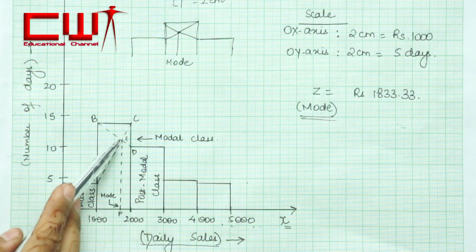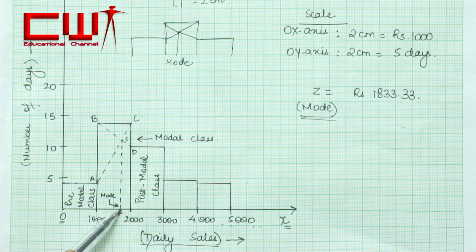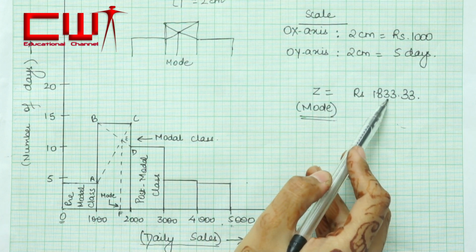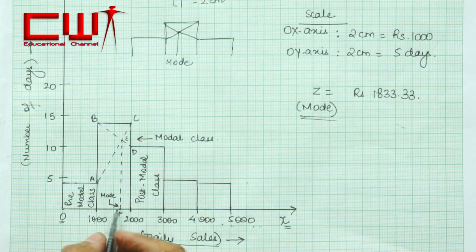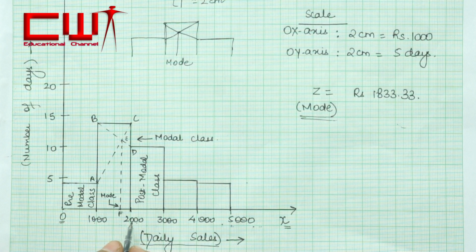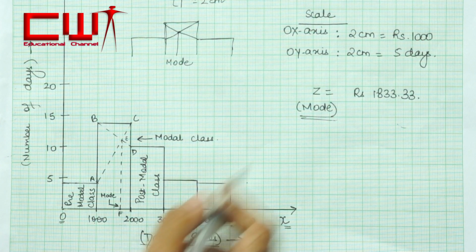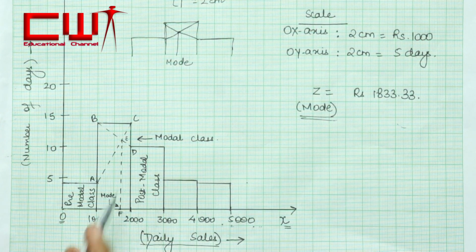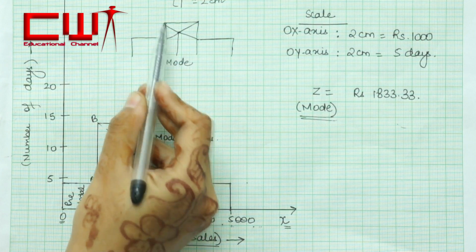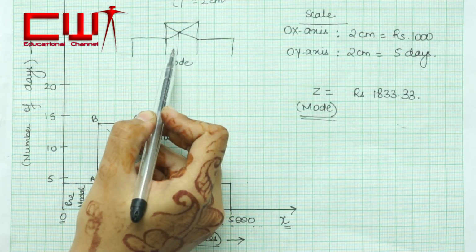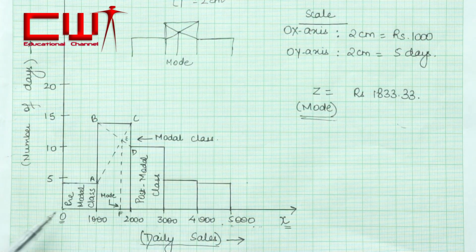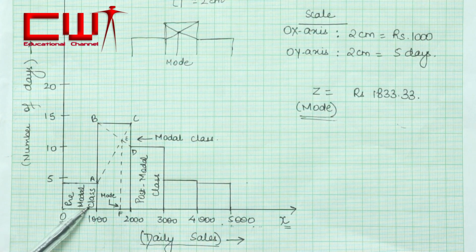Where the two lines are intersecting here, this point down, somewhere between 1000 to 2000, our mode is coming around to be 1833.33 rupees. This is our mode. Now, wherever the mode bar is, the bar previous to that is known as the pre-modal class.